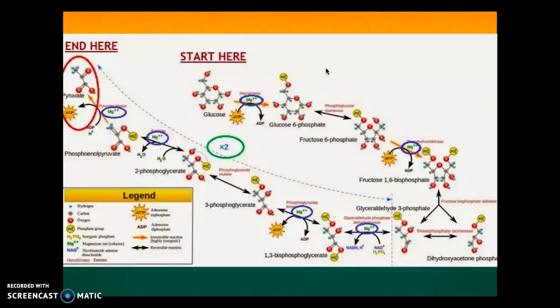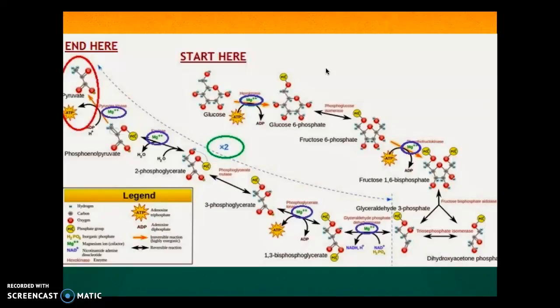ATP is required for this process to even begin, so it's often called the investment stage because glycolysis takes energy to make energy. So each of these 2 3-carbon molecules then goes through a series of steps to convert them into pyruvates.